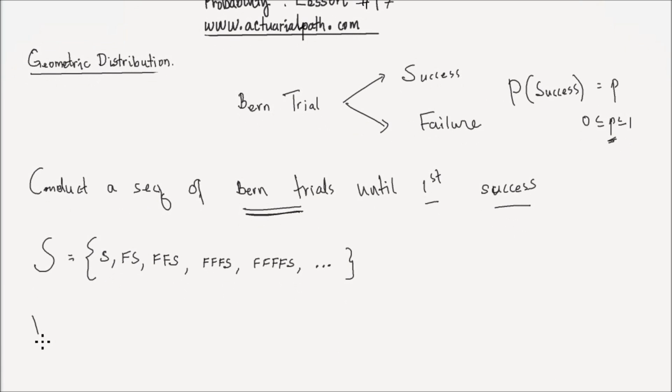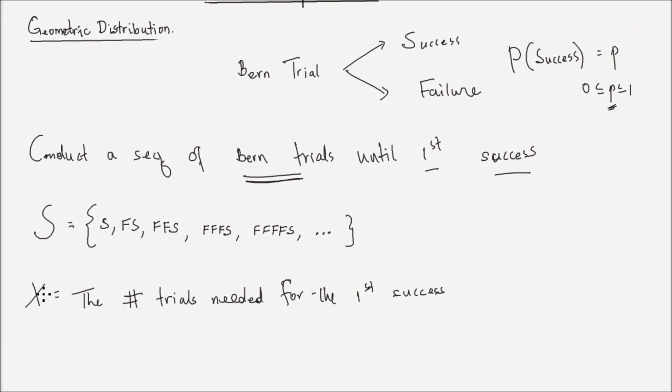Define the following random variable X, which I am going to call the geometric random variable, as the number of independent and identical Bernoulli trials needed to observe the first success. I can relate the value that this random variable takes to each of the points in the sample space.